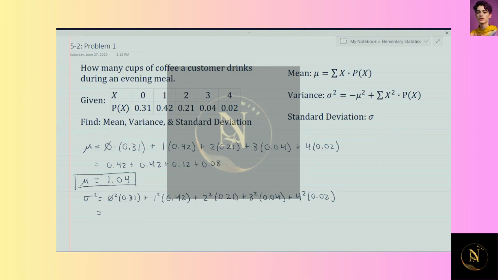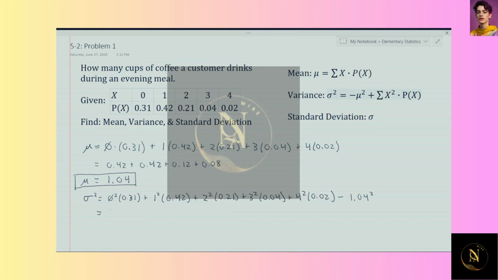And don't forget to subtract off 1.04 squared. That's usually why I write it first up here so we don't forget. Though in the textbook, that's usually written after the summation.